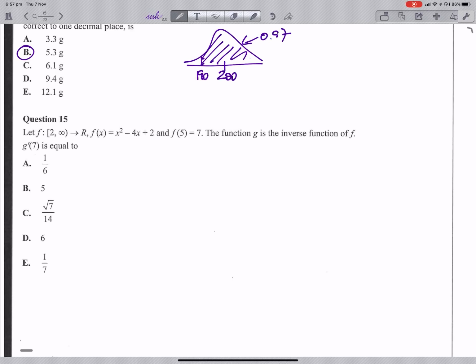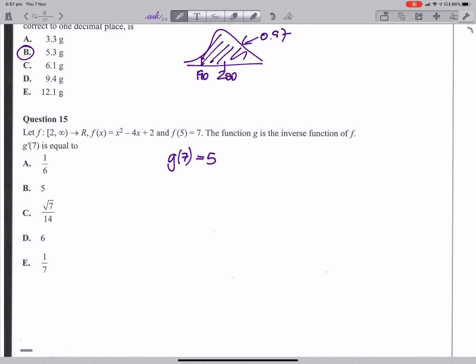Okay, let the function be defined on 2 to infinity, turning point, I'm assuming that this is going to be inverses, yep. F of 5 equals 7. What are they telling us that for? Okay, the function g is the inverse of f. G dash of 7 is... Okay, we know if f of 5 is 7, then g of 7 is 5.